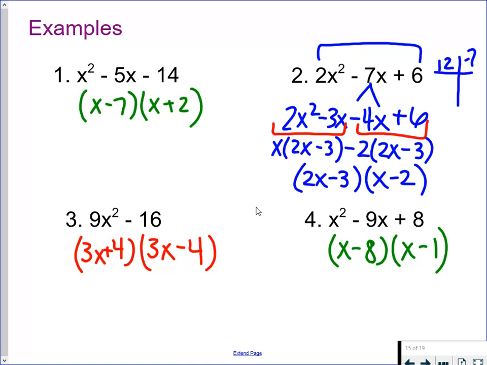Remember, math is commutative. Multiplication is commutative.